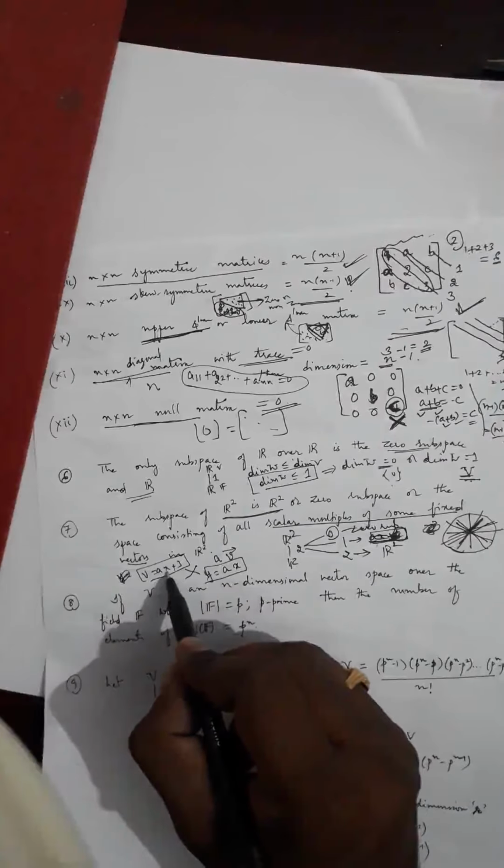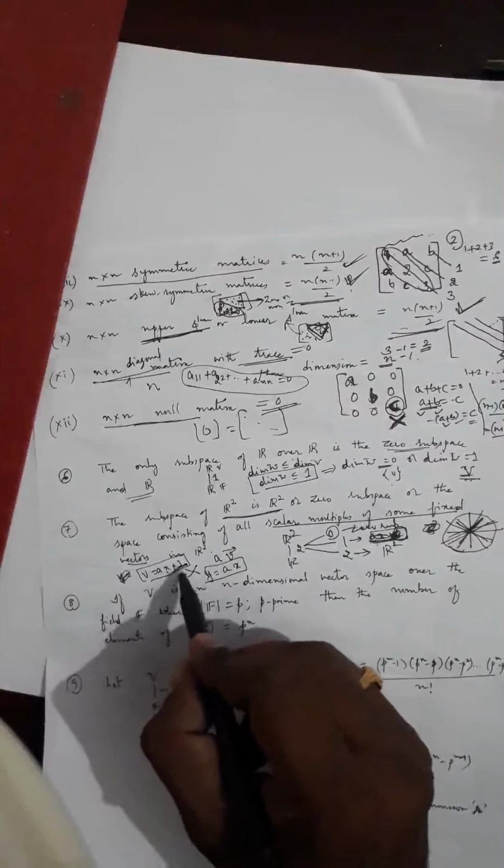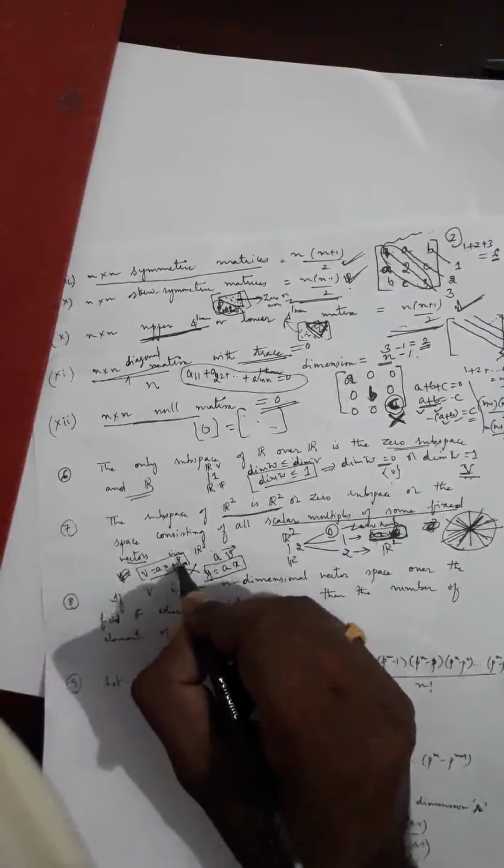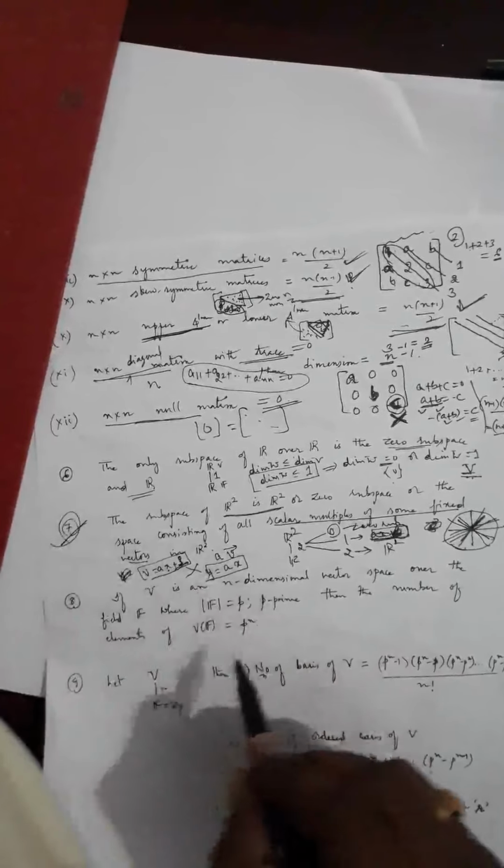If something is given, for example, y equals ax plus 3, whether it is a subspace of R square. No, because if I plug in x equals 0, it is 3. It won't pass through the origin. Its y-intercept is 3. Idea is clear? So that's the key role here, you need to understand.